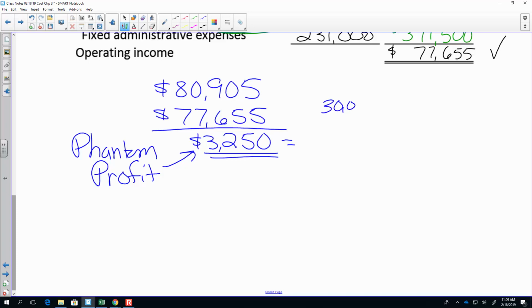I had 30,000 produced. I had 28,700 units. 1,300 times, what's my fixed overhead rate? It's in the book. Cost per fixed overhead. 250. Does that equal 3,250? I hope it does, because I told you everything wrong up to that point. Yep. Okay, thank you.